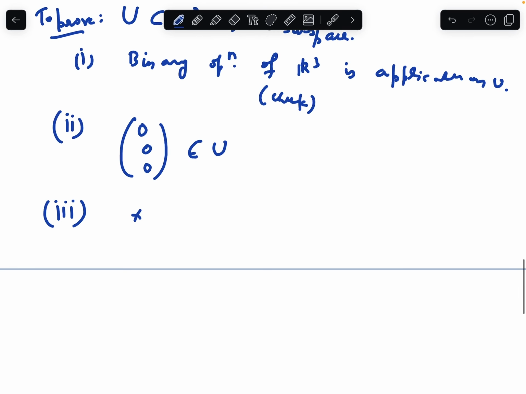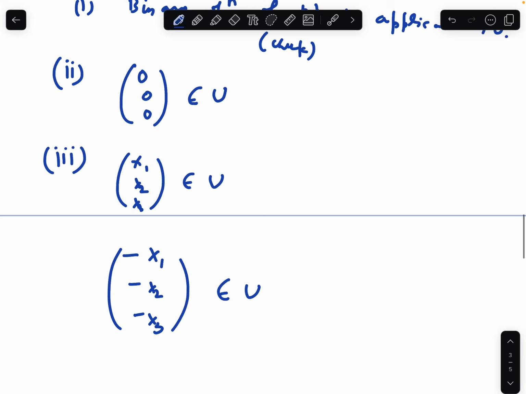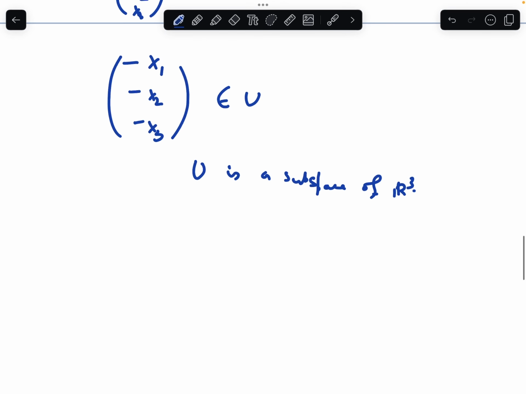So if x1, x2, x3 is inside U, then you can see that this is the inverse, and this inverse is also inside U. So it's a vector space, right? So U is a subspace of R3. So this proves the result.